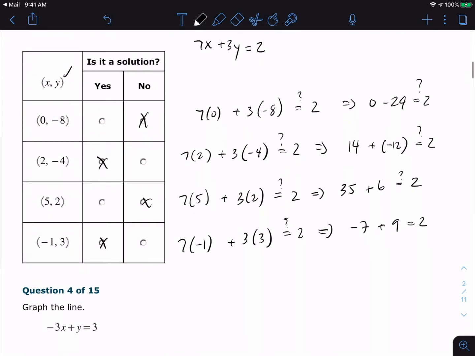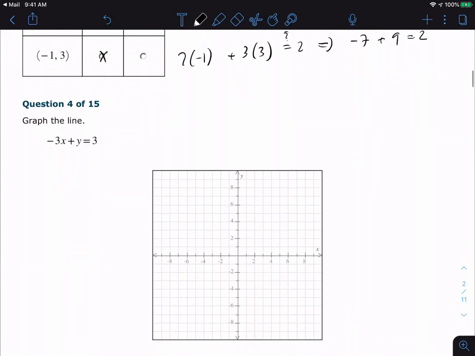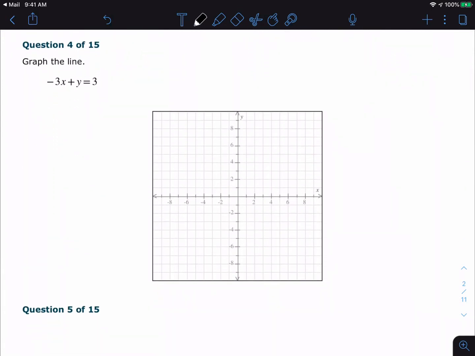Okay. Now for number 4, it's asking us to graph this line. To make my life easier, I'm going to put it in slope-intercept form. And all I did there was add 3x to both sides.